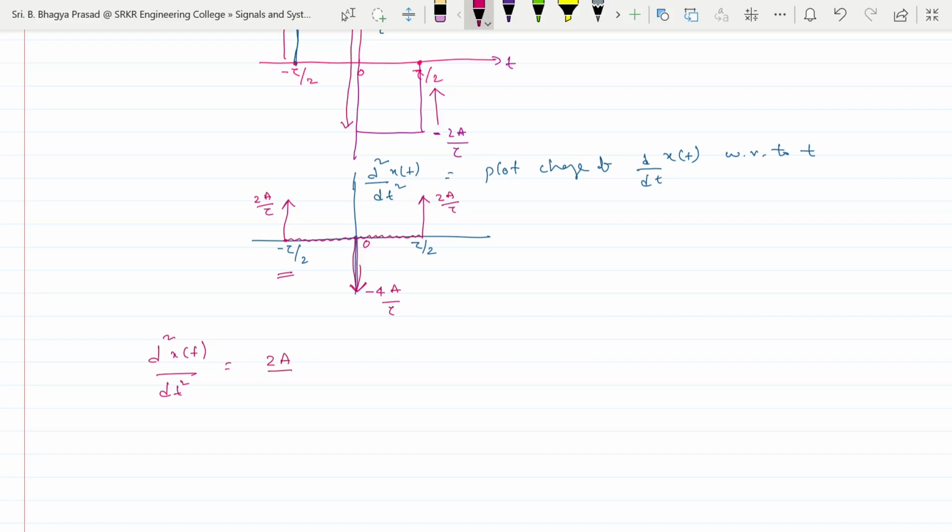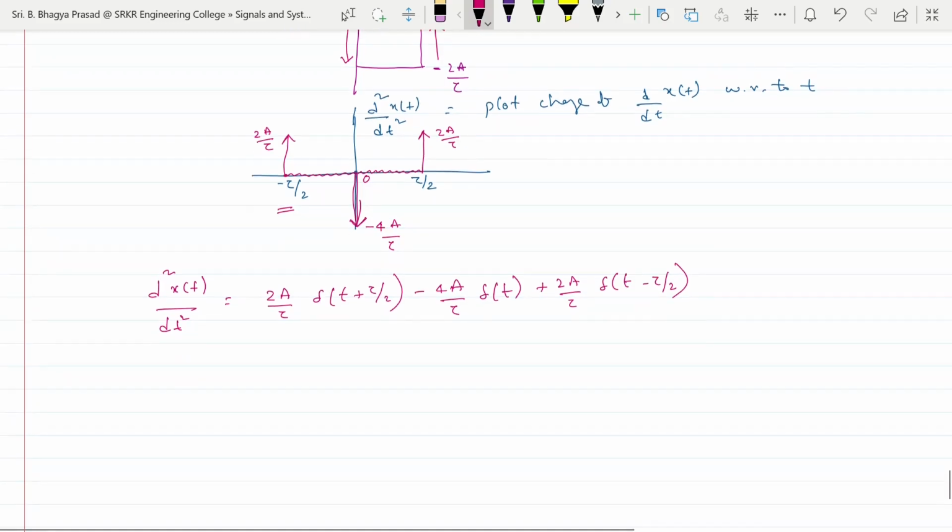So 2a by tau del of t plus tau by 2, and at 0 the impulse strength was minus 4a by tau del of t, and at tau by 2 the impulse strength was 2a by tau, that is del of t minus tau by 2.